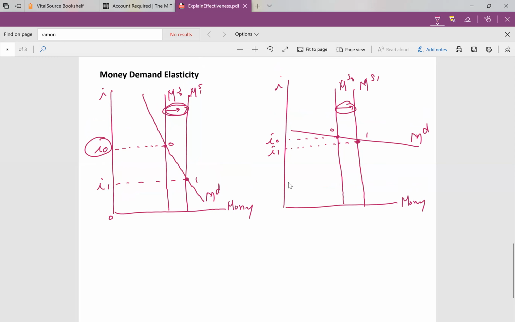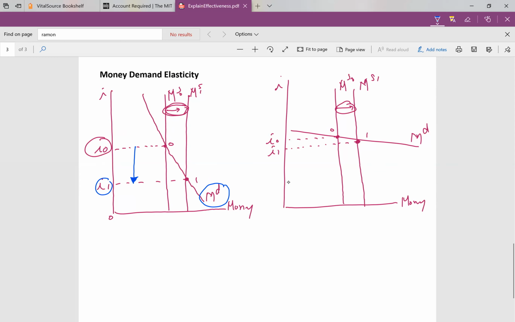Now, what I see here immediately is when the demand for money is relatively inelastic, a change in the money supply leads to a very large decrease in the interest rate. Look at I0 to I1, that distance.